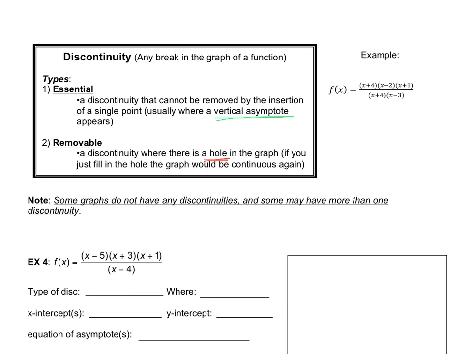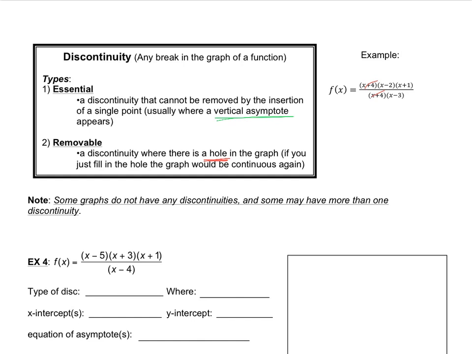So when we're looking for those two discontinuities in the equation itself, the first thing you're always going to want to do is factor the equation as much as you can. Once you factor it, you're going to see that some of the factors may cancel.